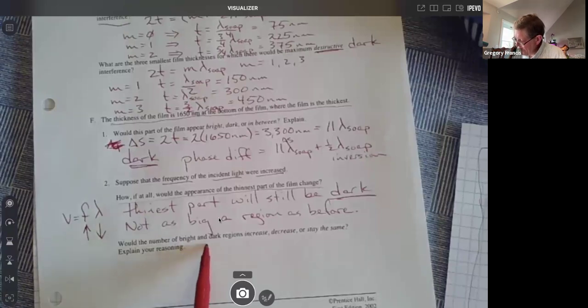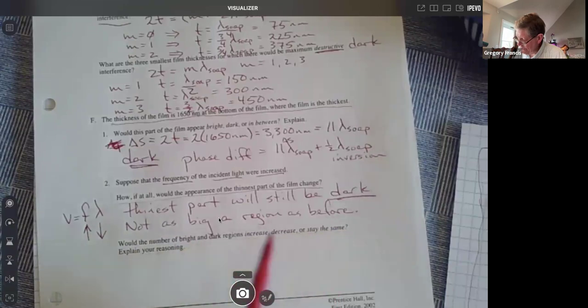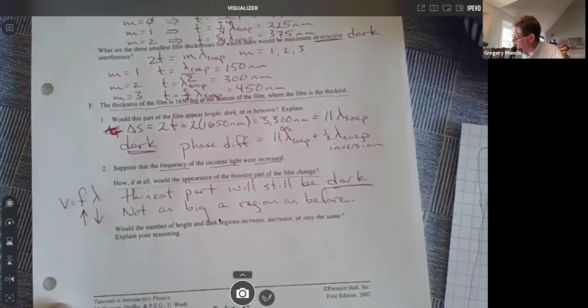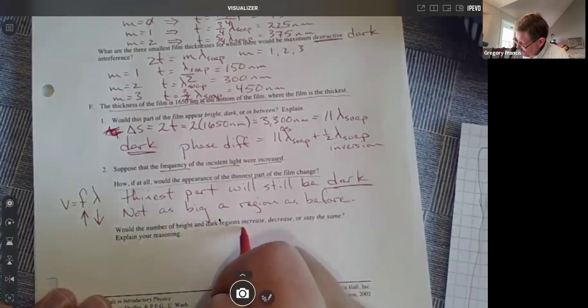Would the number of bright and dark regions increase, decrease, or stay the same? It would have to increase.